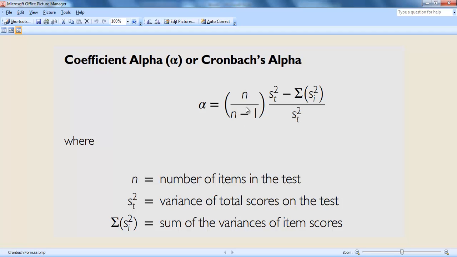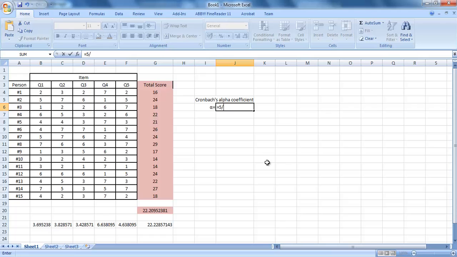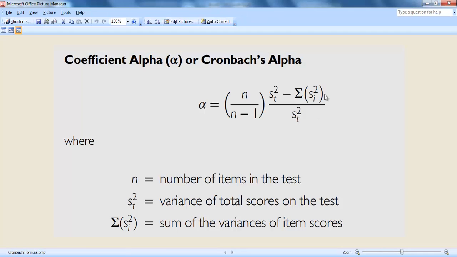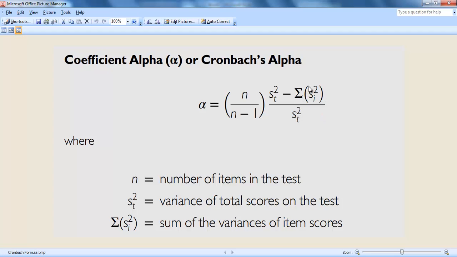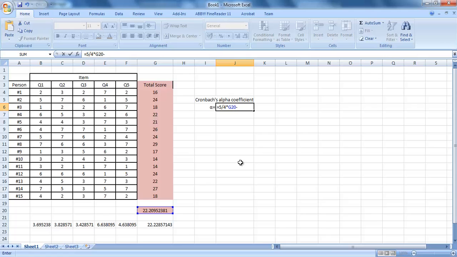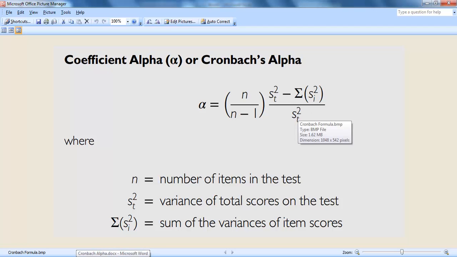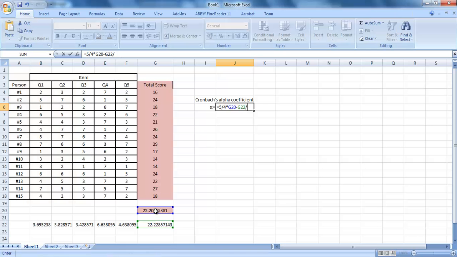So 5 over 5 minus 1, so 5 over 4 times the variance of the total scores, minus the sum of all the item variances, divided by the variance of the total scores. So where is that? 22.209.